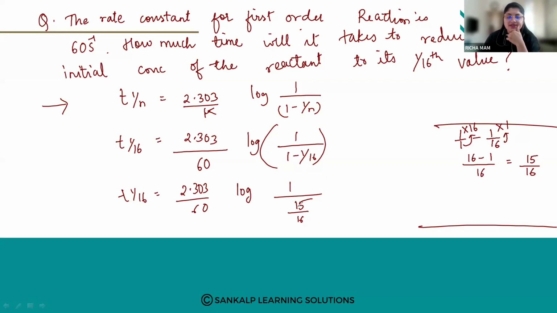Now 1 by 15/16, if I write it, t of 1/16 is equal to 2.303 by 60 log of 16 by 15. If I flip it, it becomes 16 by 15.